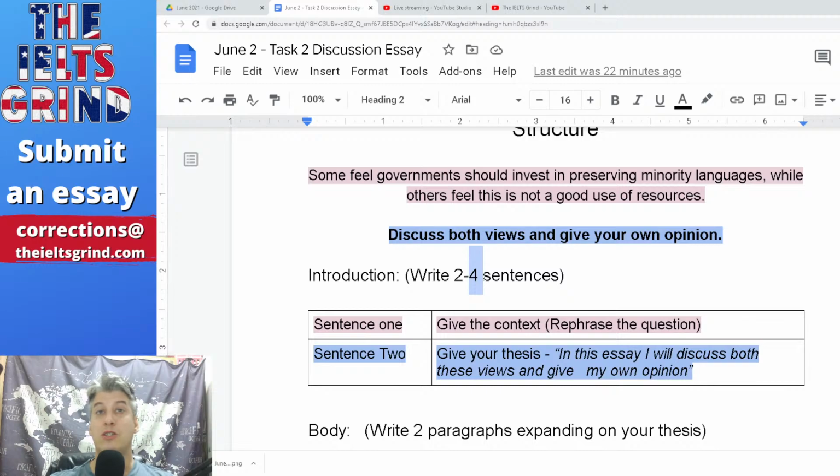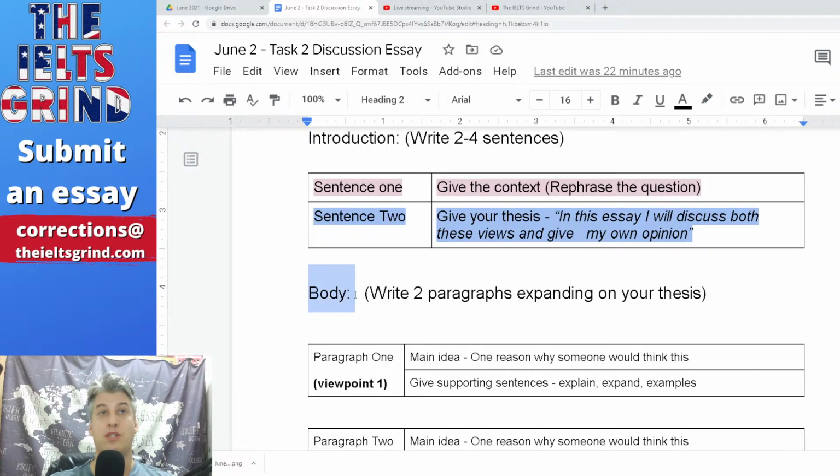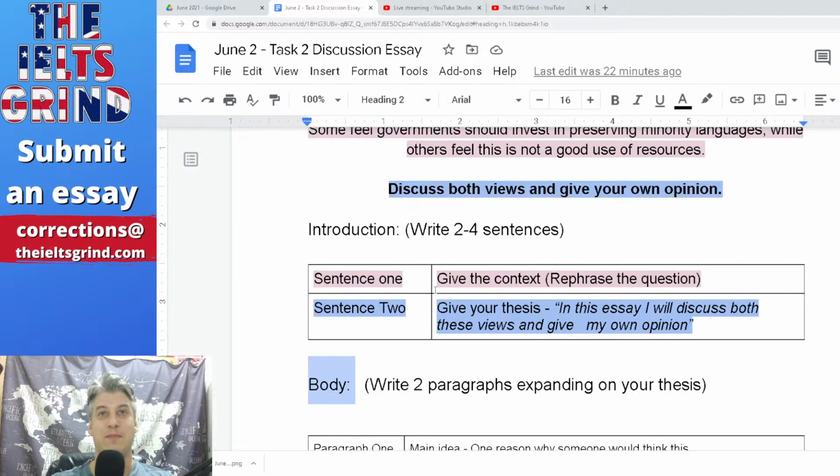Don't spend too much time on your introduction. You want to put most of your work into the body of the essay, because this is where you're most likely to pick up the points that you need for your grade. So I recommend 2 sentences, sentence 1 and sentence 2 in the introduction.